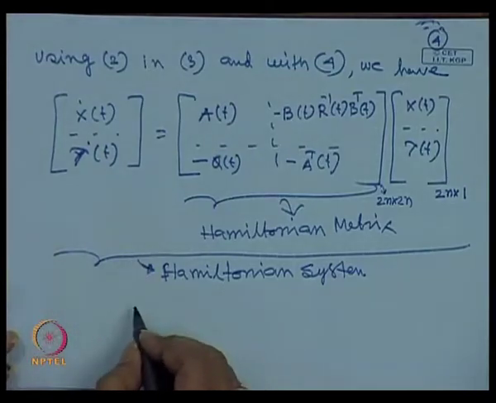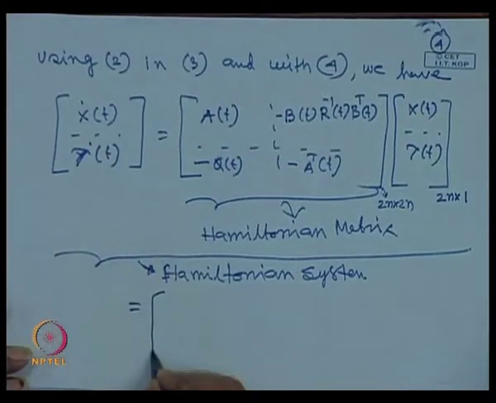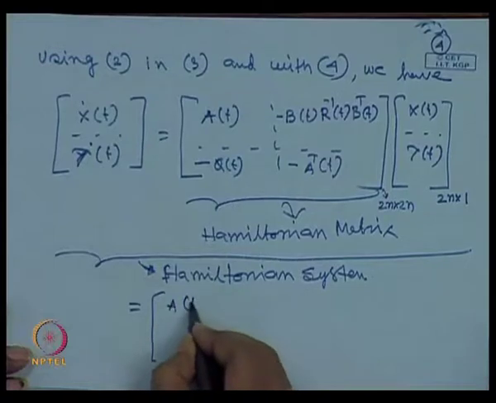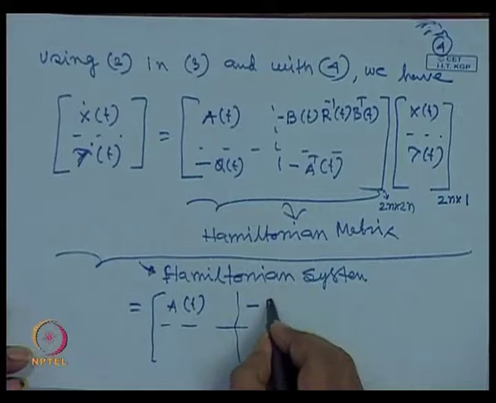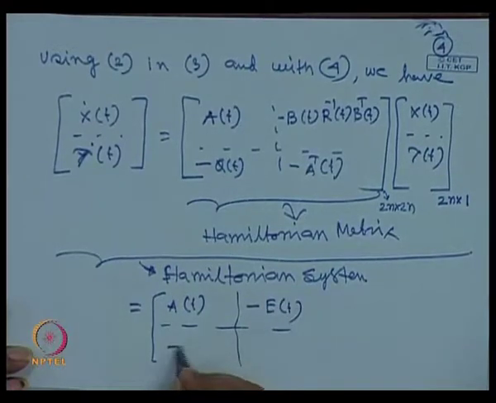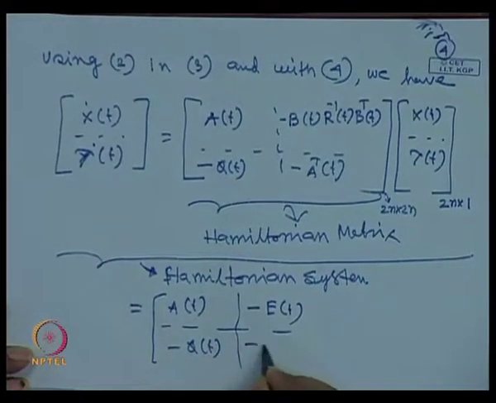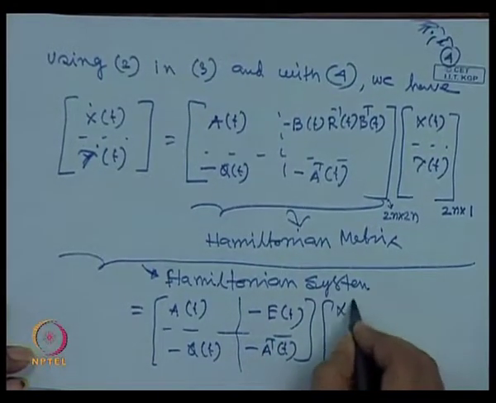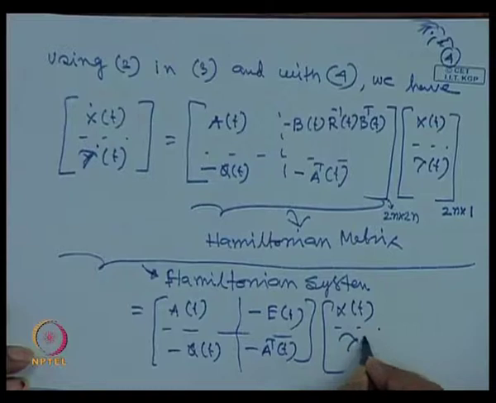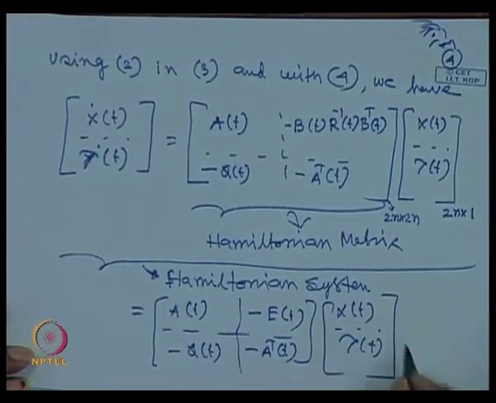We can write this in a more compact, simple form, in the sense that I am replacing this by another variable E of t, with plus minus Q of t minus A transpose of t, multiplied by x of t and lambda of t. Let us call this equation number 5.